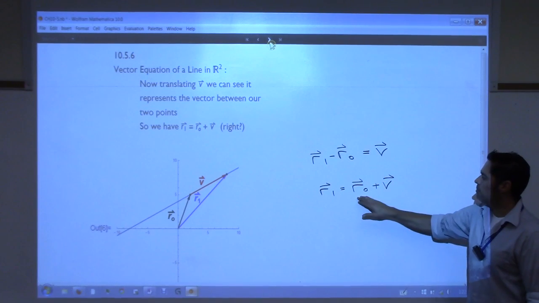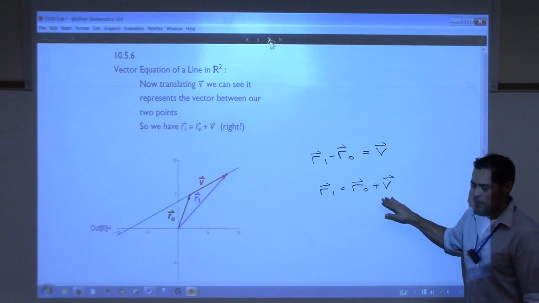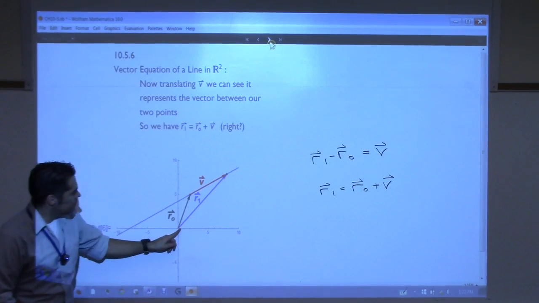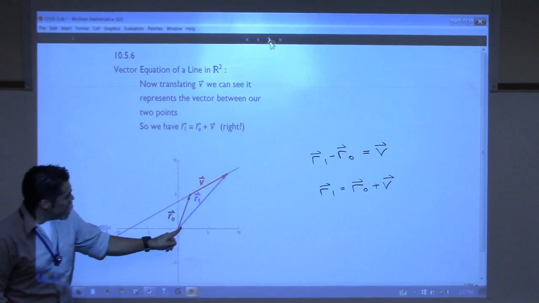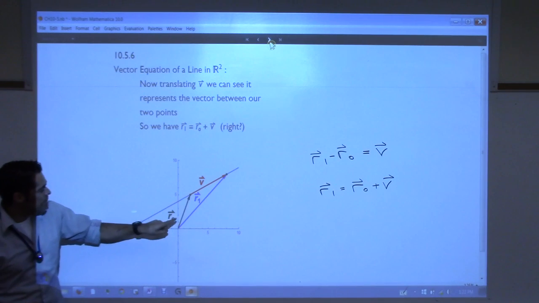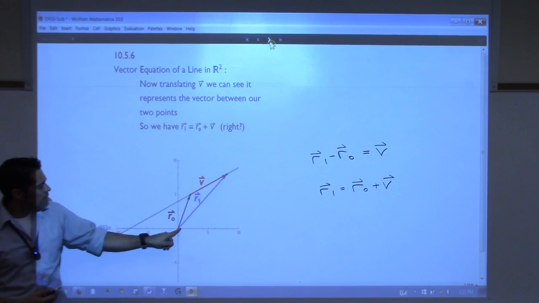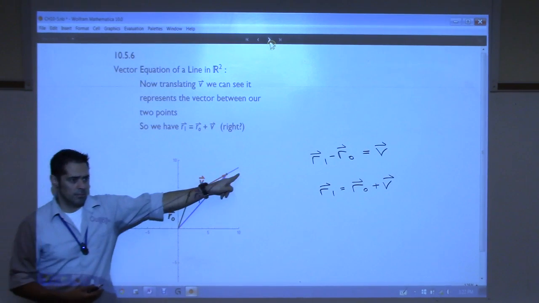Right? If I add this vector to both sides, I would get this. So the vector r1, do you see in the picture, I said v1, I meant to say r1. The vector r1 is what you get when you take r naught and add v. So you go tip to tail, yeah?